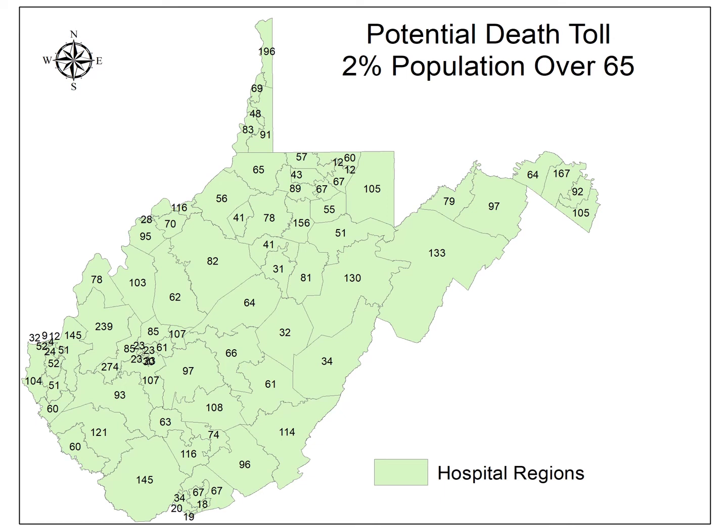The numbers you see on this map represent what I call the potential death toll. So for these regional hospitals, if everyone were to become infected, and that's the key, everyone, 100% infection, which, God help us, we're not going to get there. It should be much, much lower than that.